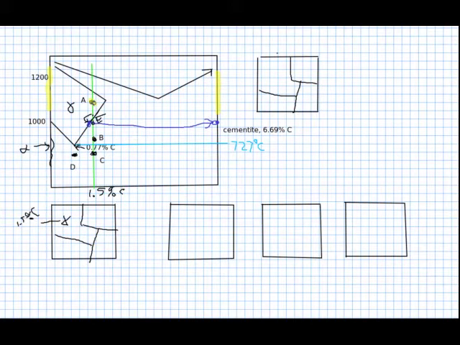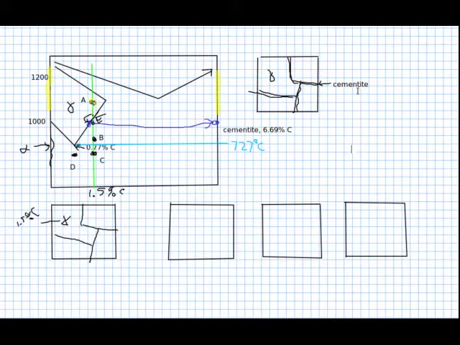I'm going to draw just a little bit of, so I'm going to, at the grain boundary, make that a little bit wider. So it's mostly still austenite, but there's little bits at the grain boundary of cementite forming. So the diagram would look like that.